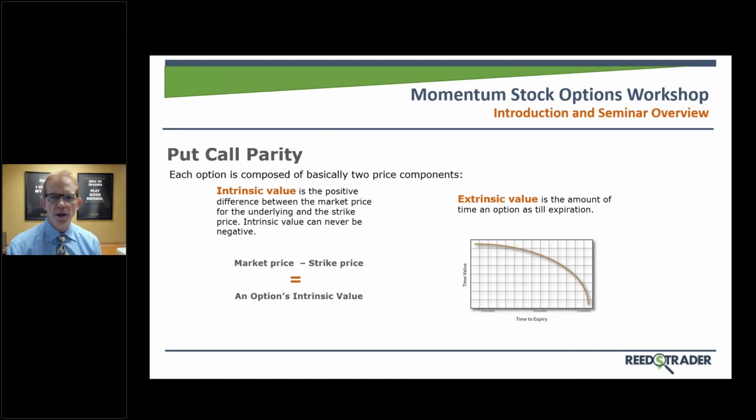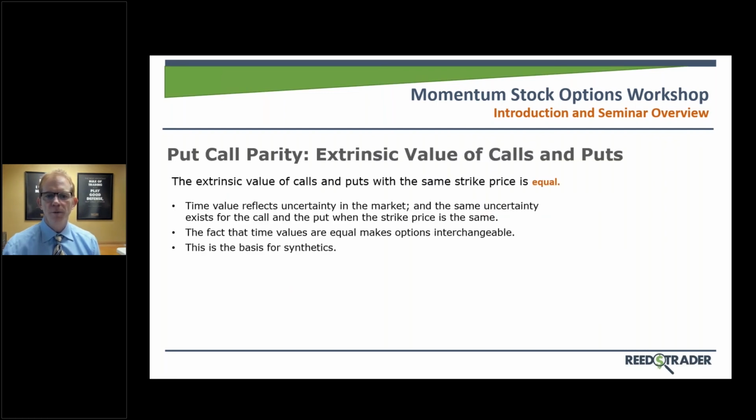So we've already talked about intrinsic value and extrinsic value. But here's the key thing. The extrinsic value of calls and of puts with the same strike price is equal. It's the same. And why? Because extrinsic value represents uncertainty. So the same uncertainty that is there for the call is also there for the put.